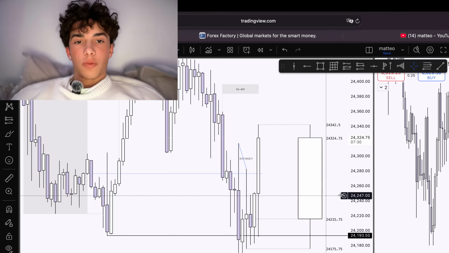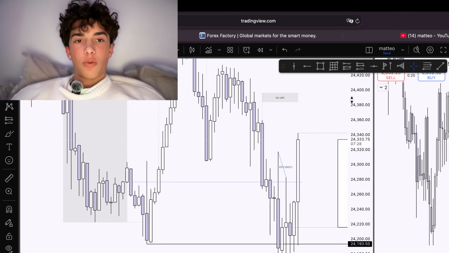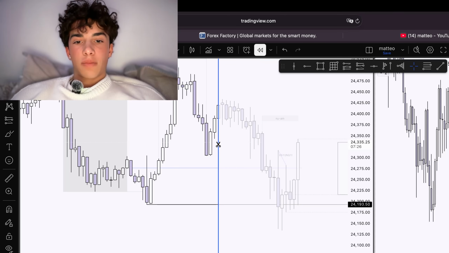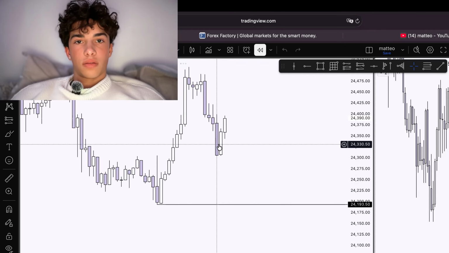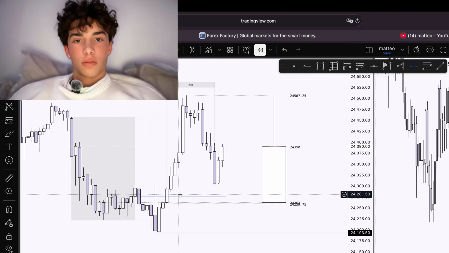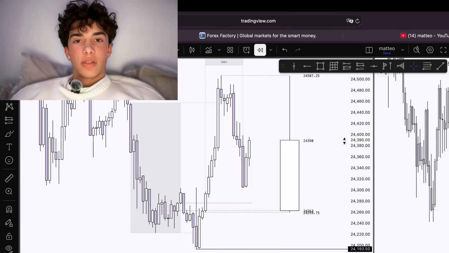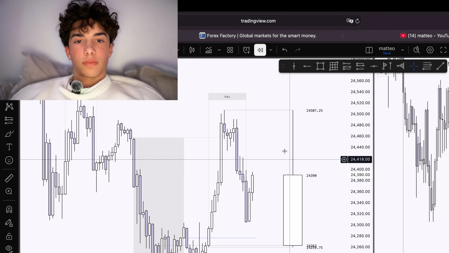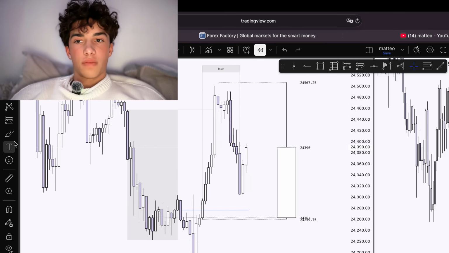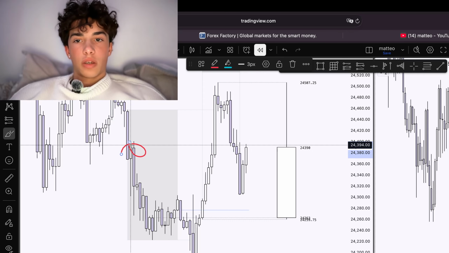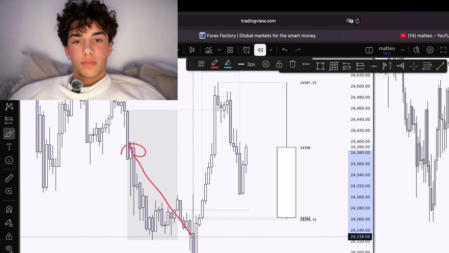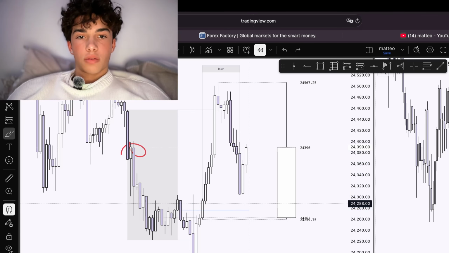So now let's continue with our concept. Let's do an example like here, okay? As you can see here, the candle just formed. The candle opened here. We had this move. No, we didn't open here, or am I wrong?